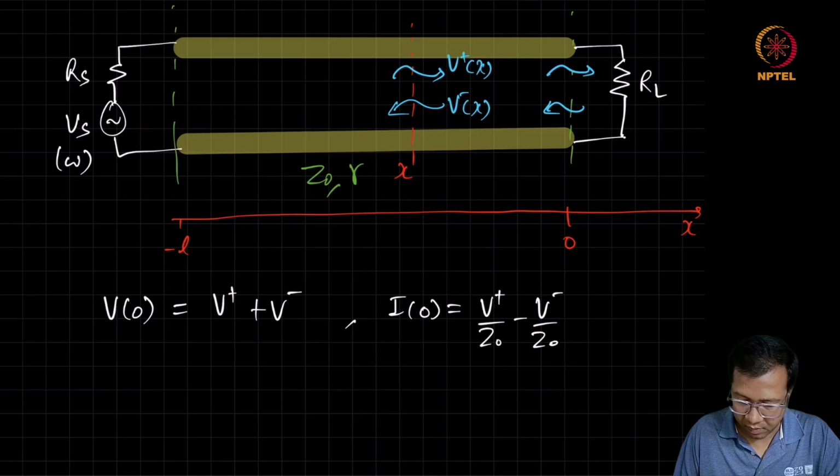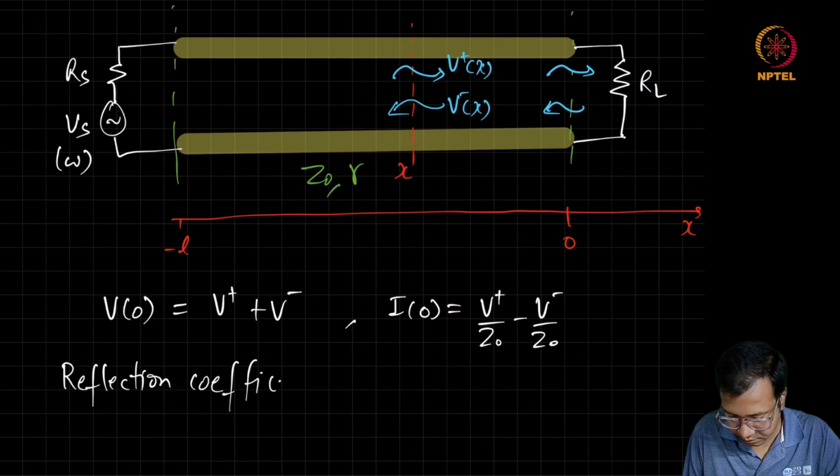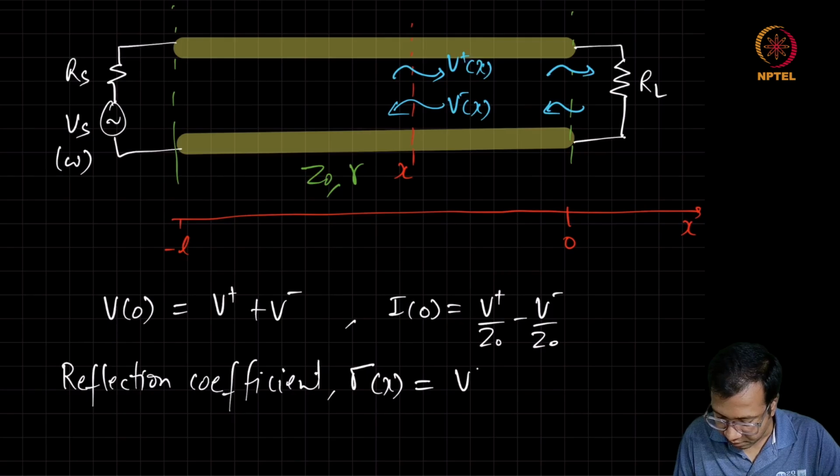So we can define a quantity called a reflection coefficient. Gamma at any point x along the line is a ratio of the two traveling waves.